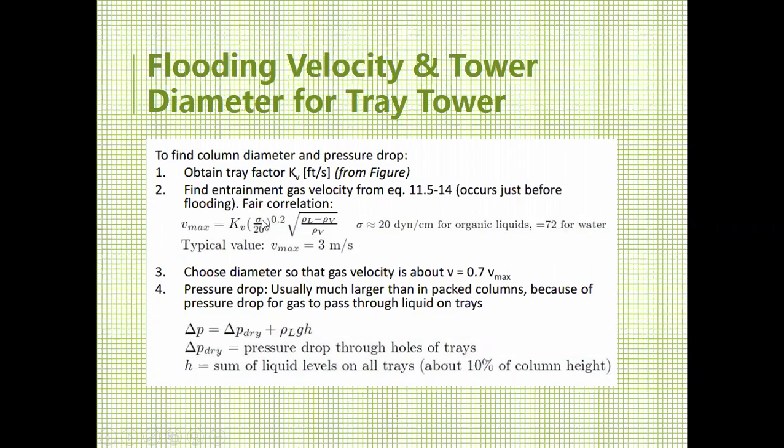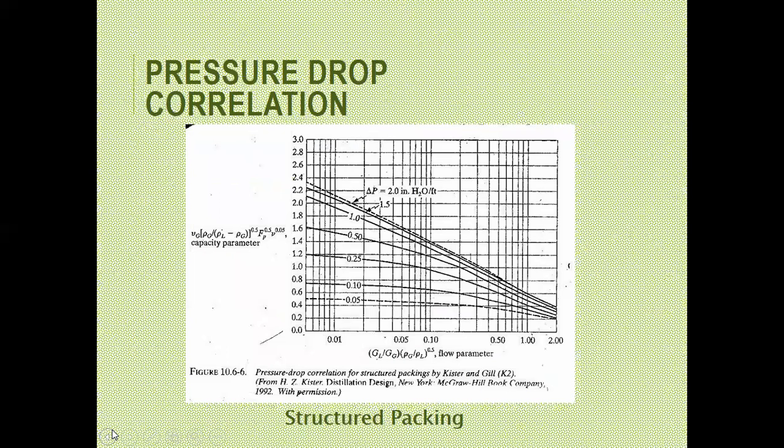So this is your interfacial tension. And you have again the densities here of liquid and vapor. Typical value of this for tray towers wherein the tower is said to be already flooded is 3 meters per second. Quite comparable to that in the packed tower.